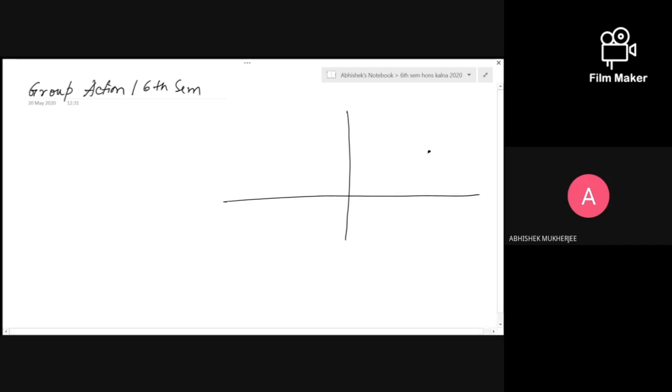That is, if we just consider a point xy, and then we consider another point x dash y dash.